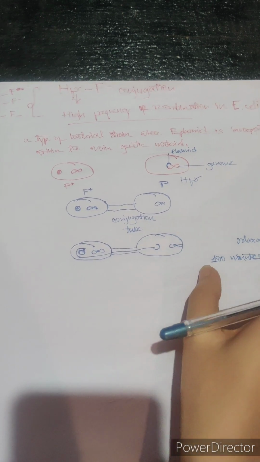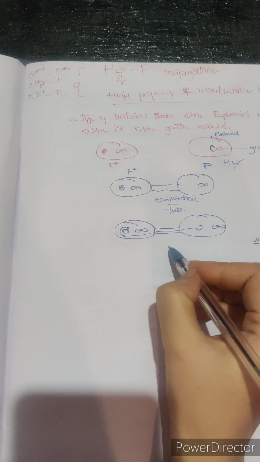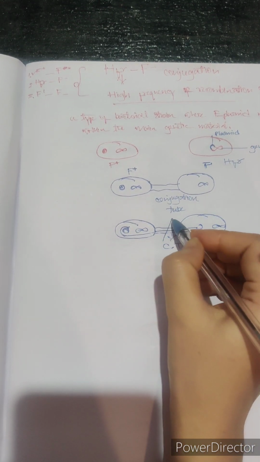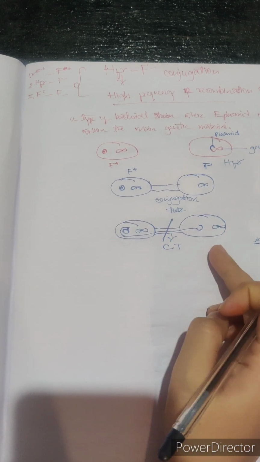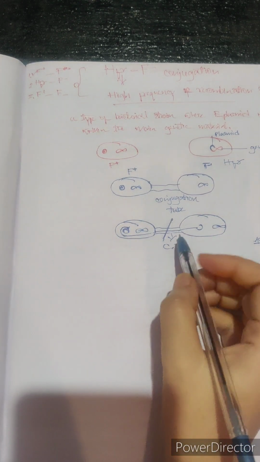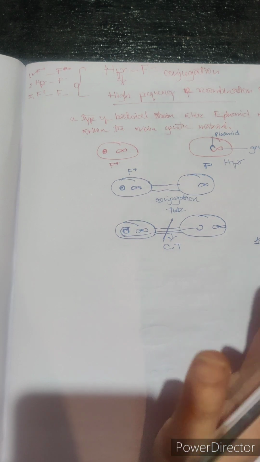So before the completion of 100 minutes, your conjugation tube breaks off or is disrupted. Why? Because it's made of your cytoplasmic membrane, and it happens to be a very fragile structure.